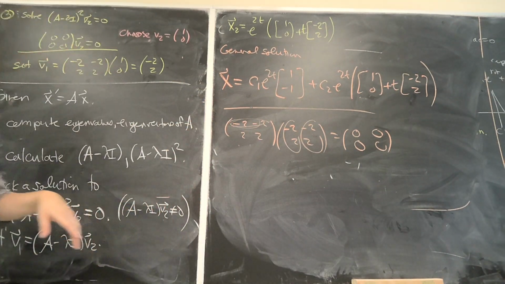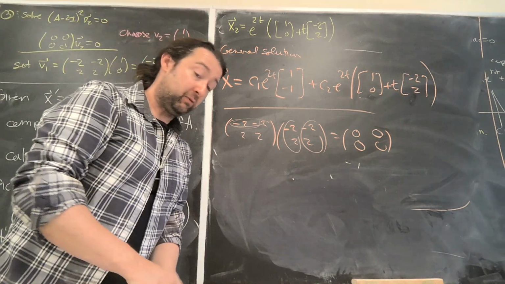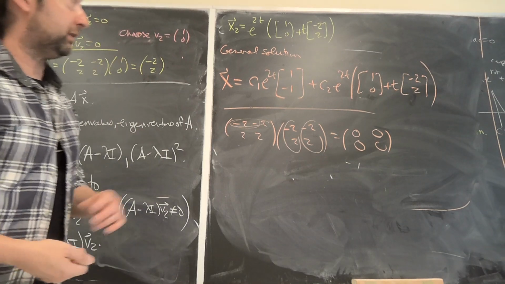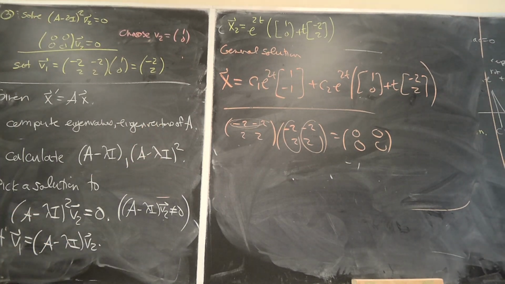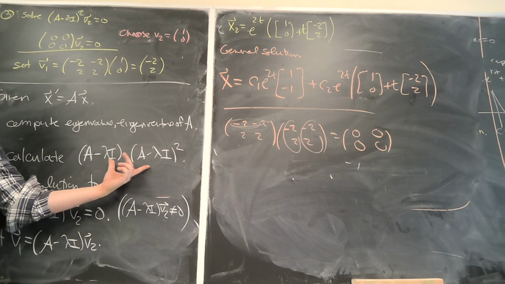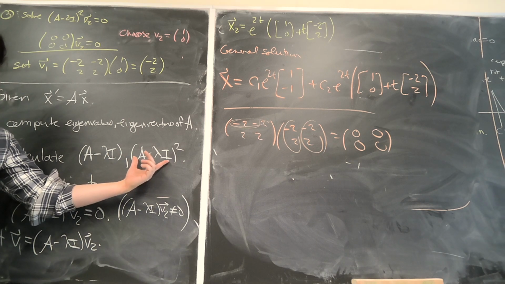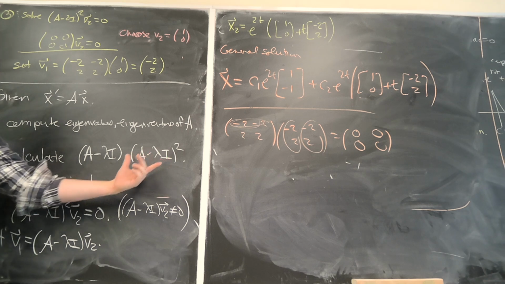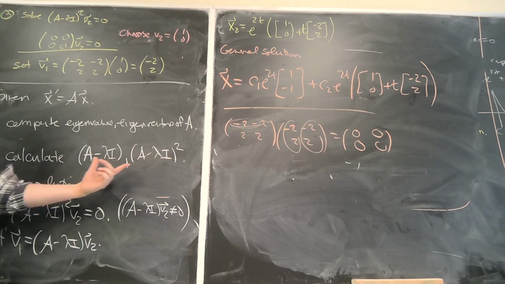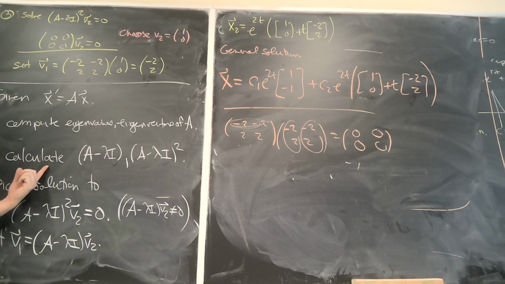Will A minus lambda I squared always be the zero matrix? So, in fact, yes. The matrices that we end up producing here, this is an argument called a chain. If I take this thing and produce A minus lambda I squared v, which spits out a 0, then this will be 0, this will be v1, which isn't 0, and then there'll be some vector at the bottom of the chain as well.